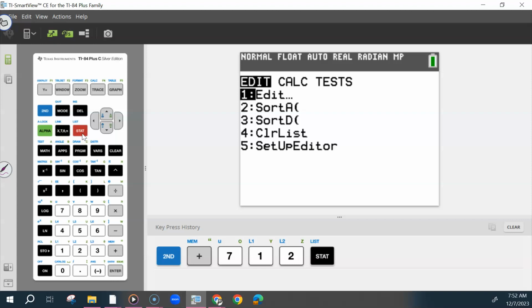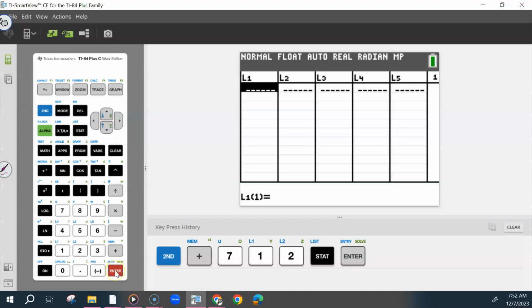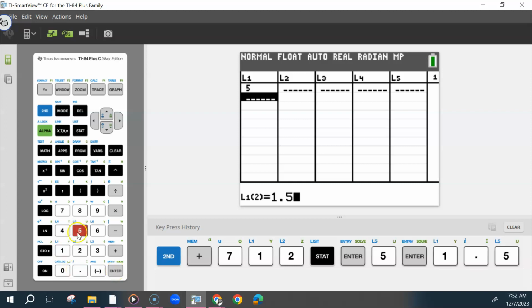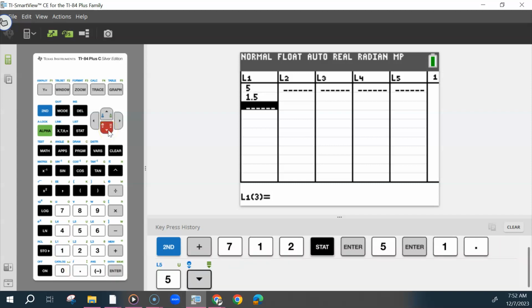And then you're going to go, it's already on the edit screen. In edit, hit enter or 1. And you're going to type the numbers you see from your table in here. You can either type in the number and hit enter, or you can type in the number and hit the down arrow. Doesn't matter. But fill out your L1 and L2.